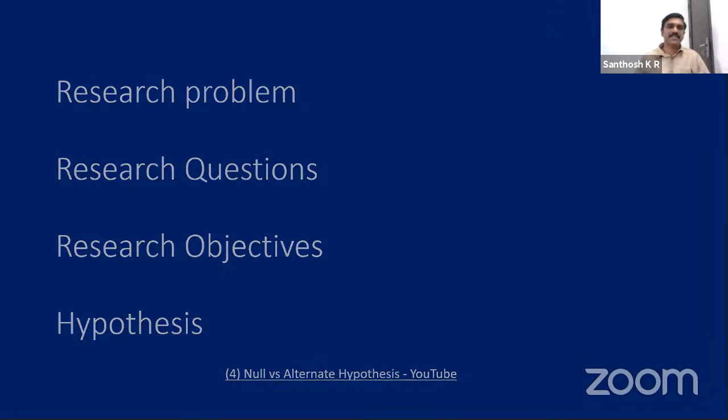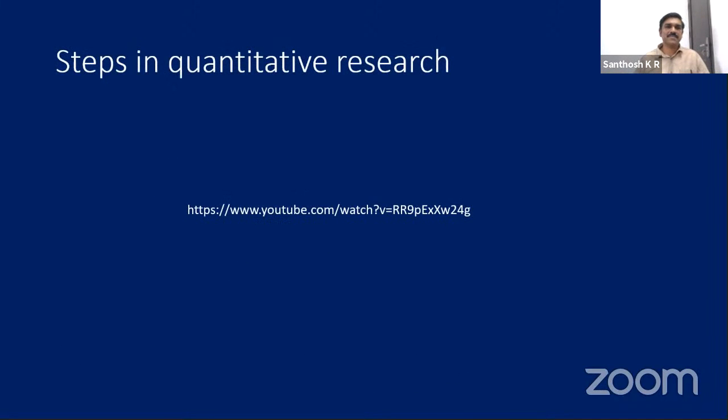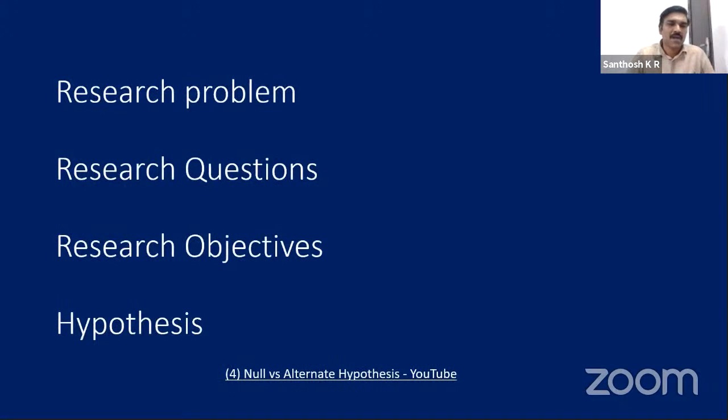We were discussing in the previous week the steps in quantitative research. You might have seen those videos. Next, we'll look into research problem, research questions, research objectives, and hypothesis. Research problem does not mean that there is a problem.